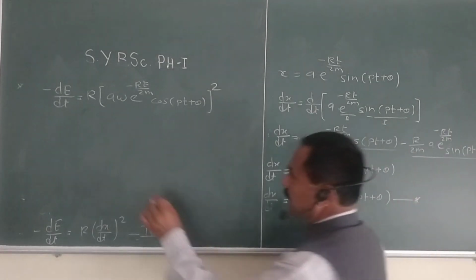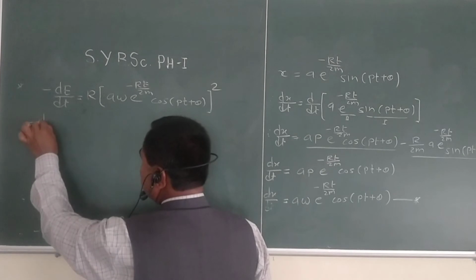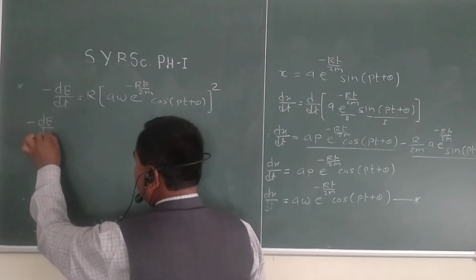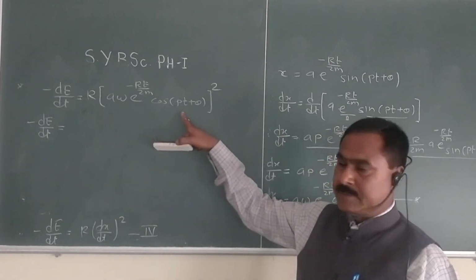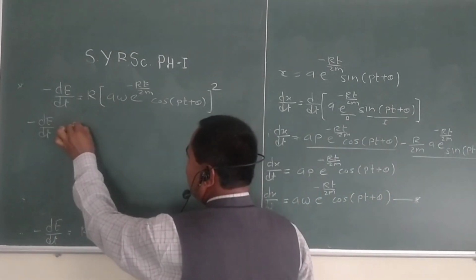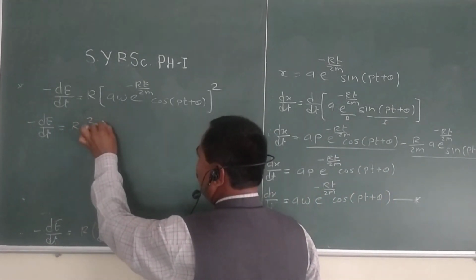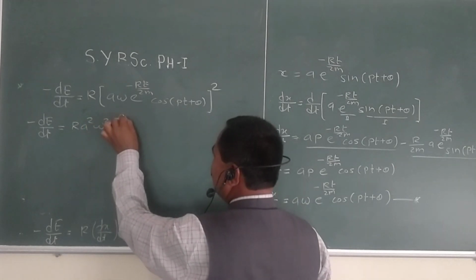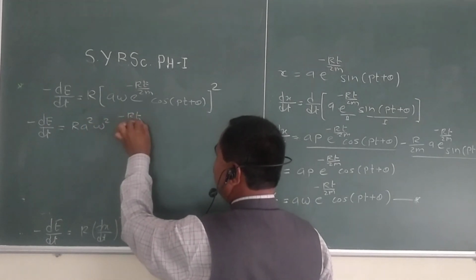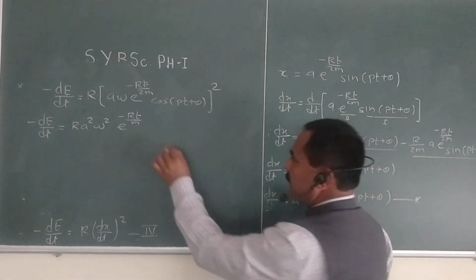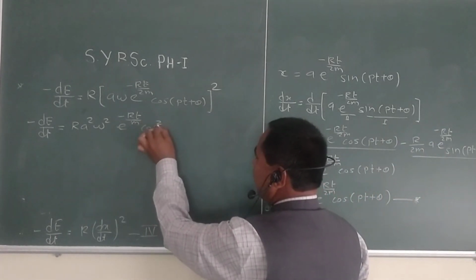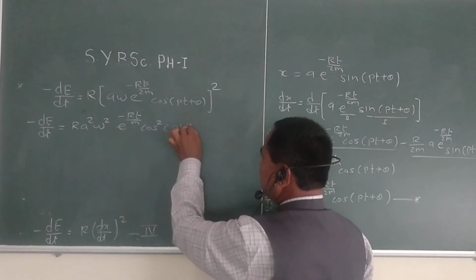Then minus dE by dt, we do the square, so write r a square omega square e raised to minus rt upon m cos square pt plus theta.